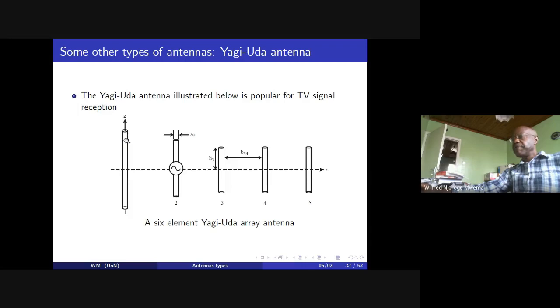This element here is longer than the active element, and it's used to reflect any backward radiation from the active antenna element backwards. It's reflected forward, and it's placed at a distance such that when the field arrives at this point, it's actually constructive interference, and the field therefore will be directed in one direction.